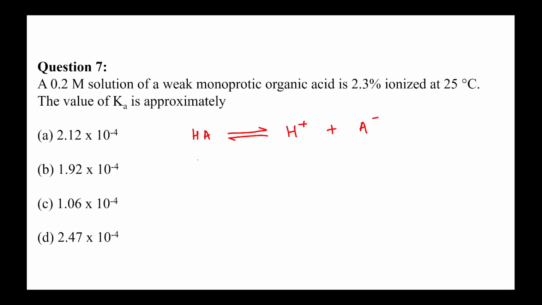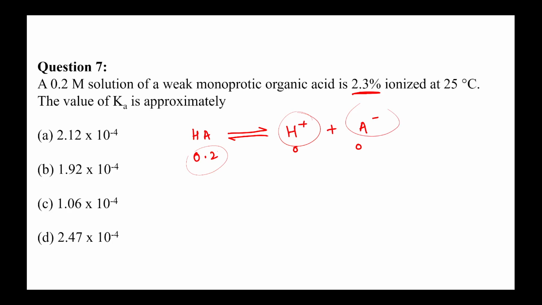What information do we have? We are starting from 0.2 molar. Initially it will be 0 and 0. After some time, what will happen after the dissociation? 2.3% will get ionized. So from this initial concentration, 2.3% will be reduced, and 2.3% of this initial concentration will be the concentration of H plus and A minus ions, because 1 mole of HA is giving 1 mole of H plus and 1 mole of A minus.